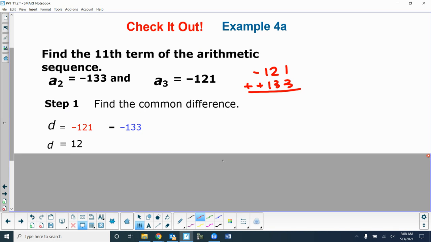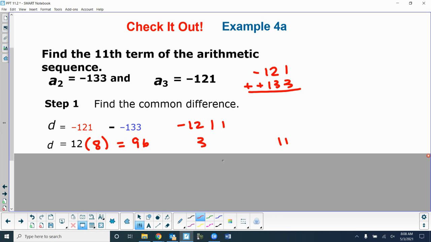All right, so to find the 11th term, I got negative 121 was term 3, and I'm looking for the 11th term. How far away is the 3rd term from the 11th? 8 spots, right? So you just go 8 times 12. What's that, 96?